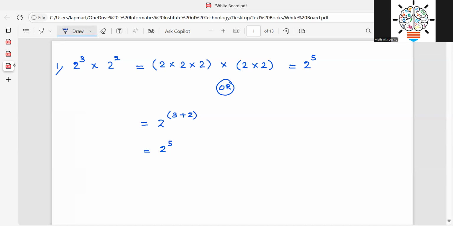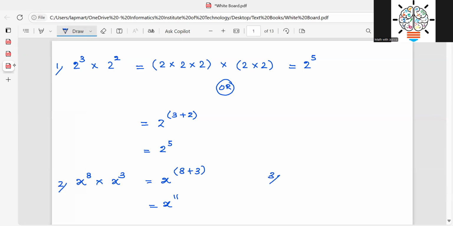If I do another example, let's say you have x to the power of 8 multiplied by x to the power of 3. What you can do, you write x, the base value, then you add the indices 8 and 3. Then my answer is x to the power of 11. Right? It can be anything.